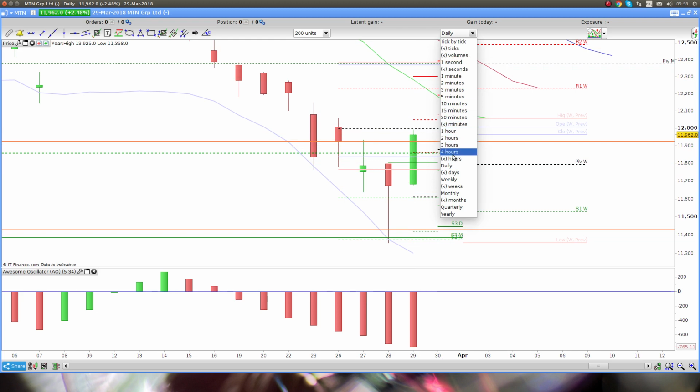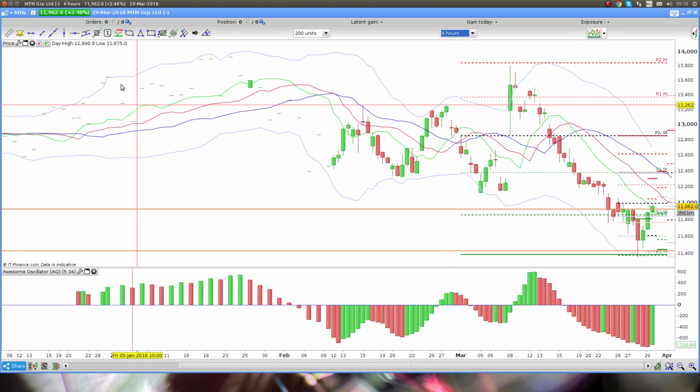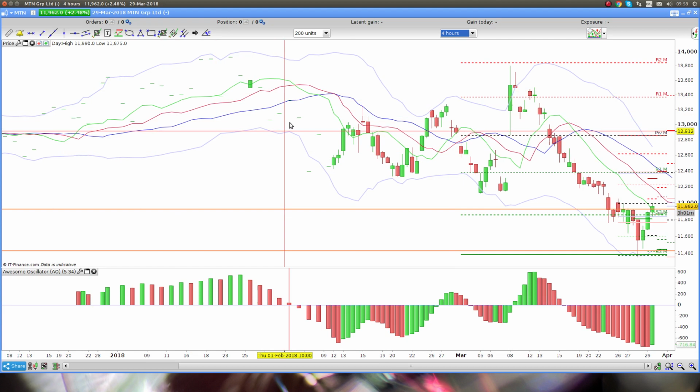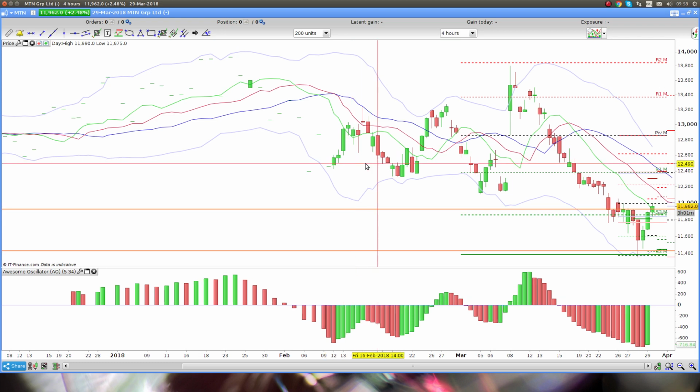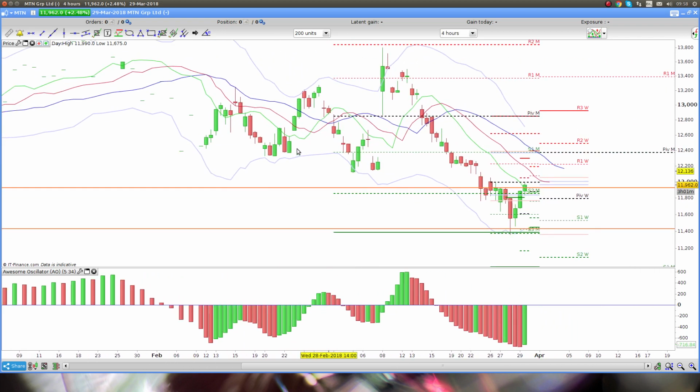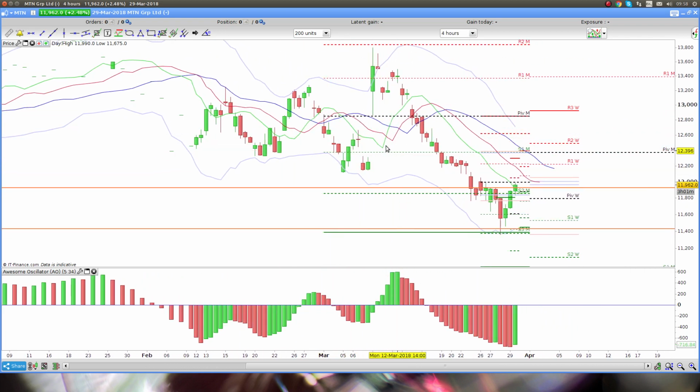So if we just look at the 4 hour here, yeah, sorry about these candles. My broker IG and ProRealTime seem to be battling to get data in. So there's a couple of things here. This is the 4 hour, and you can see how we've broken a trend line as well.